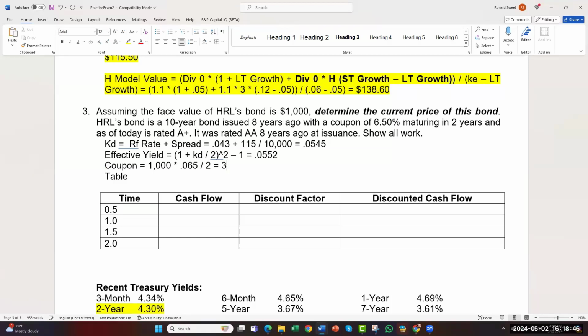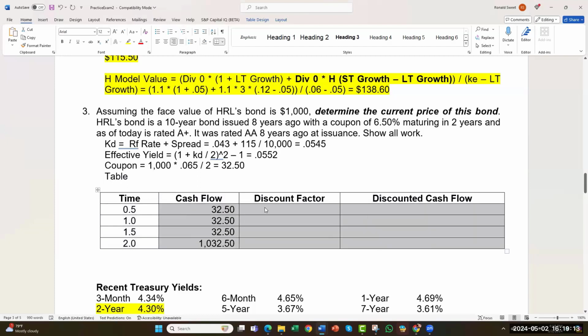That's going to equal 32.50. So that's going to be our cash flow, except for the last period, when we'll get our $1,000 back plus our 32.50. All right, so now we've got all our cash flows, which is pretty important.